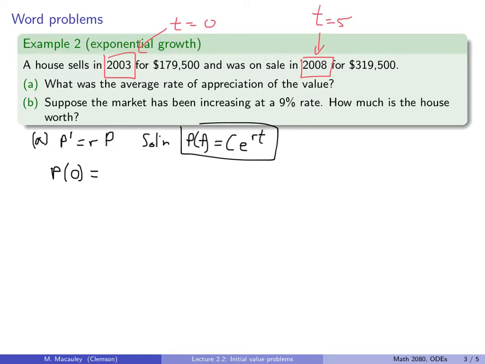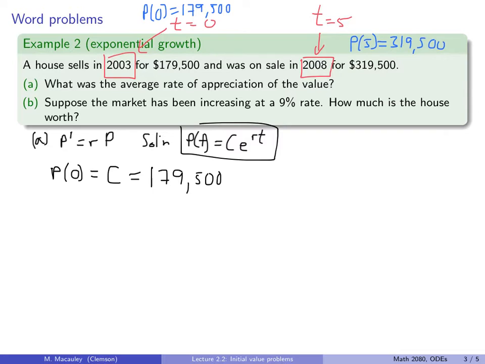So p of 0 is c times e to the 0, so that's c, and set that equal to 179,500. I should say one more thing up here. Because we're setting 2003 to be time equals 0, that means that p of 0 is 179,500, and p of 5 is 319,500.